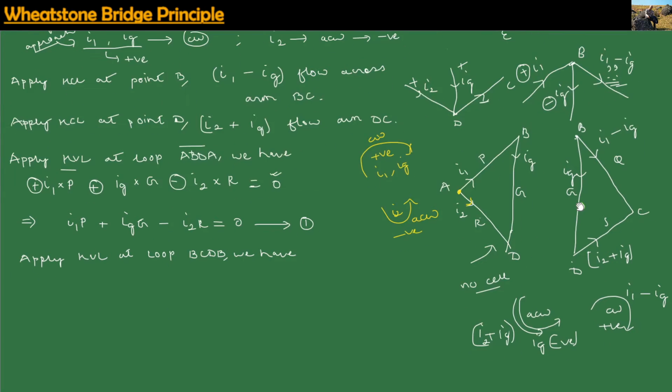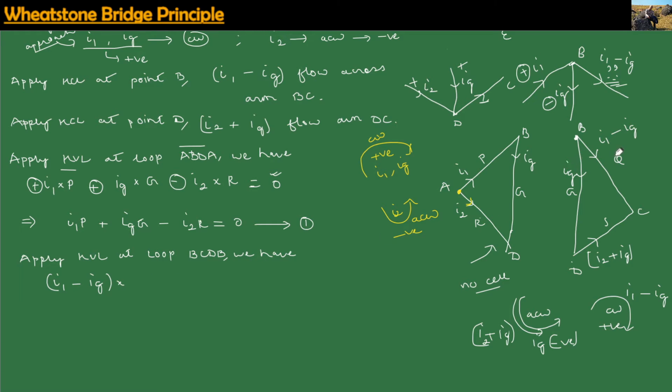So on that loop BCDB, with respect to junction point B, the current I1 minus IG is the current across the branch BC. That current I1 minus IG will be taken as positive.